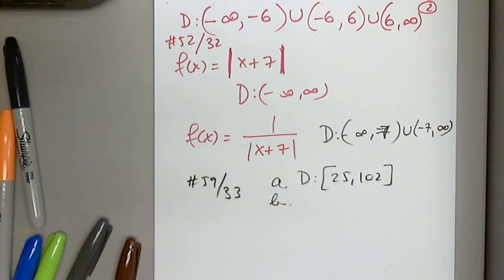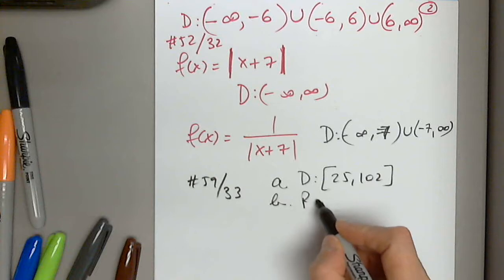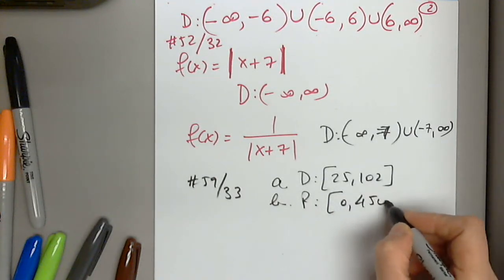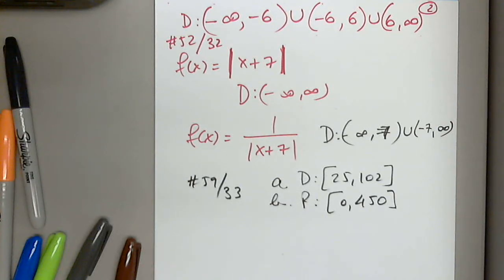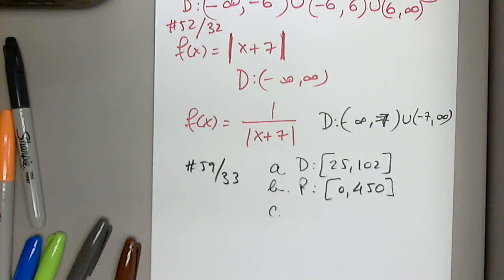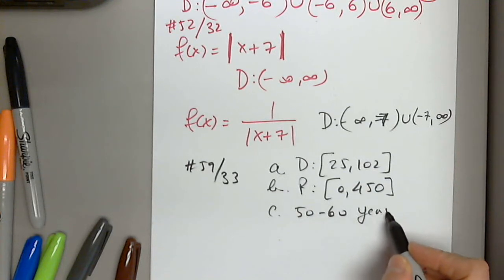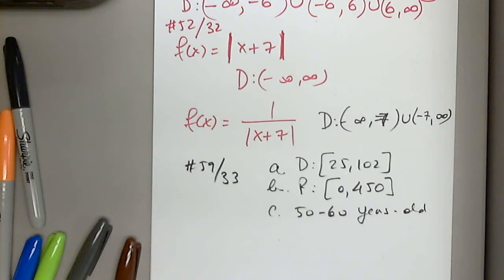In part B, you said approximately between 0 and 450. Maybe it's a little bit more. I'm going to write 450 for now. And then you said in part C, the highest increase was between 50 and 60 years old for this age group. Okay.